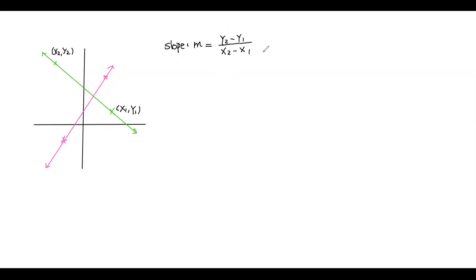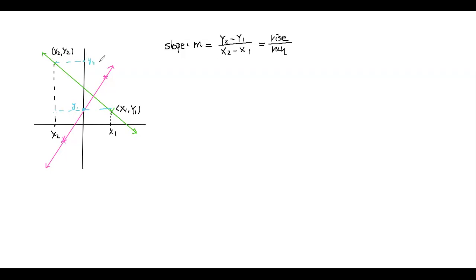And some people call this rise over run, right? Why do we call this rise over run? If you take a look, this is x1, and here this is x2, and in here this is y1, and this is y2.